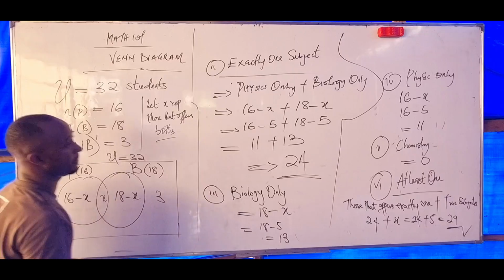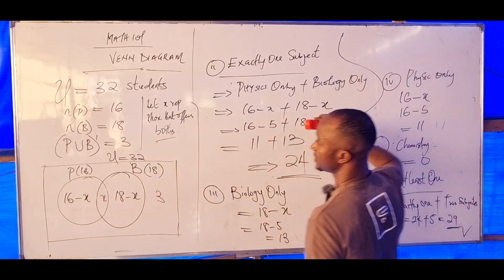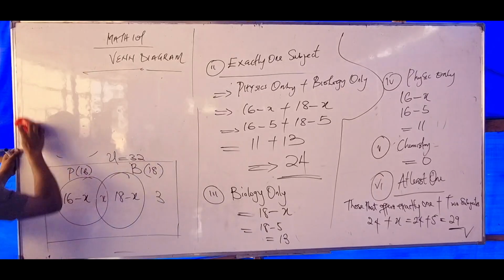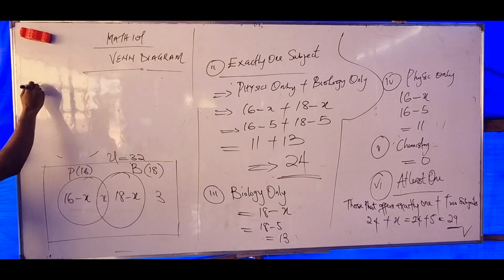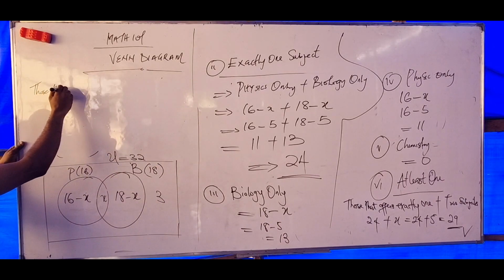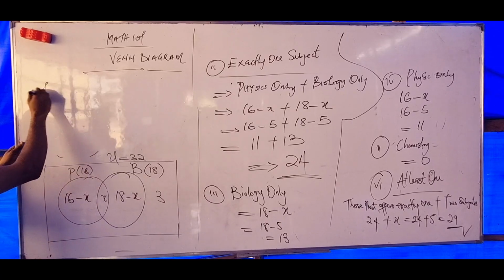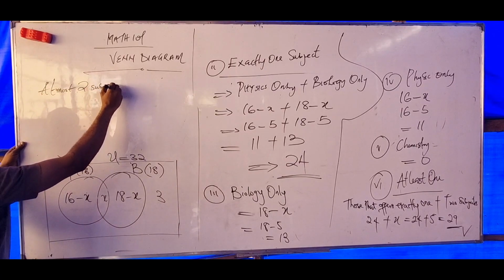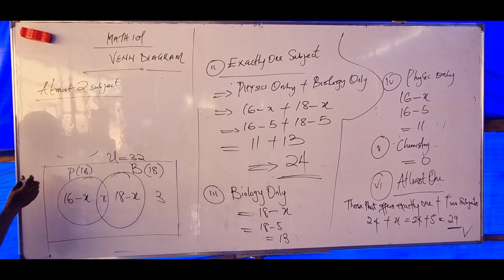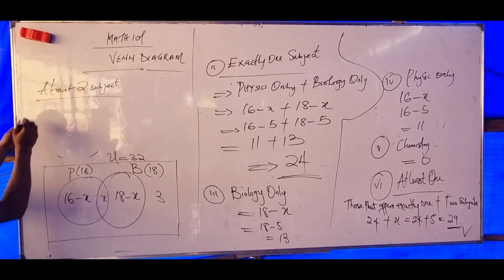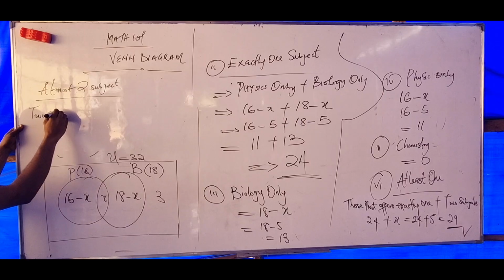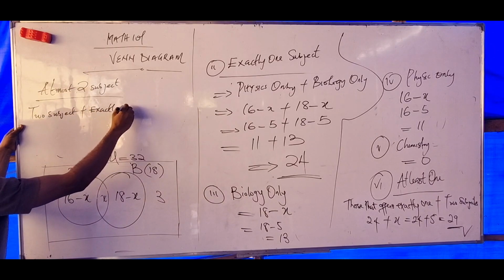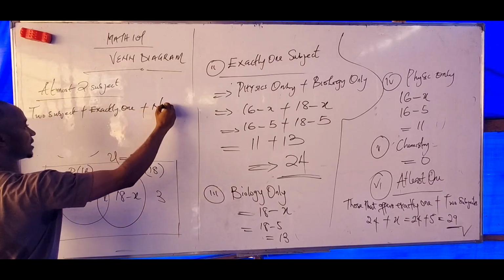So can we do something together now? Let me clean this side. Let's put it down here. At most 2 subjects, those that offer 2 subjects, plus exactly 1, plus none.